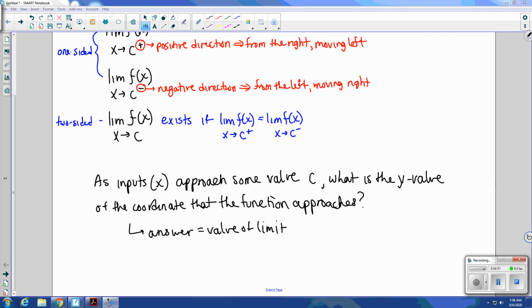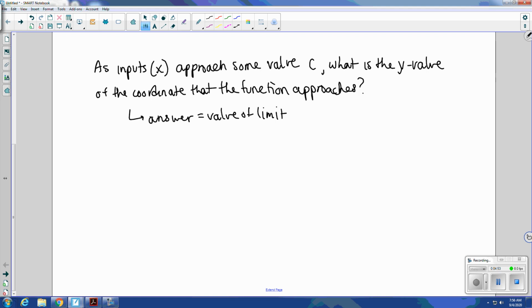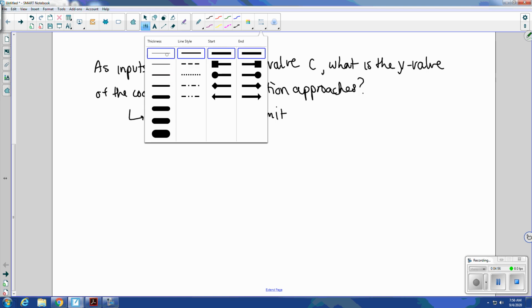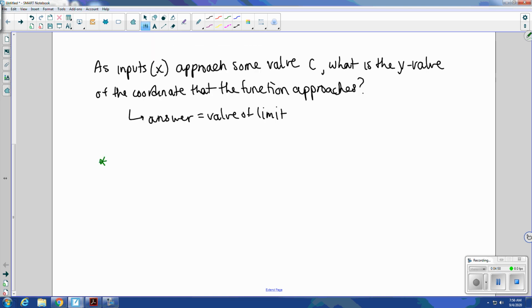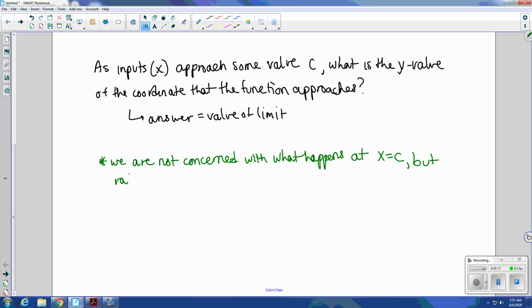And then one last thing we want to keep in mind before we jump into the example, that we can star here: we are not concerned with what happens at x equals c, but rather what happens near x equals c.